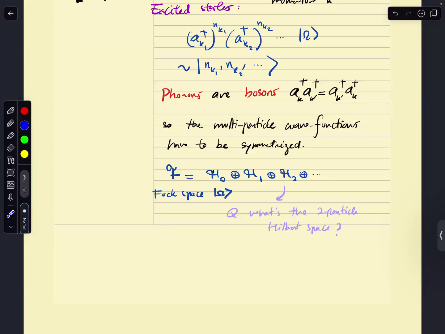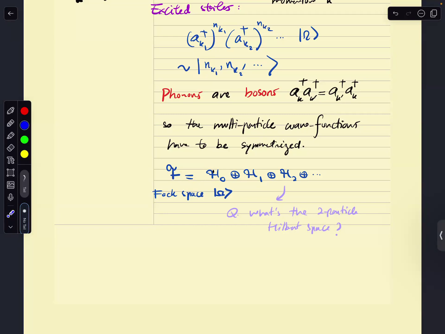You could, well, there are N choose two terms you could write down, and those are your basis vectors that span the Hilbert space.